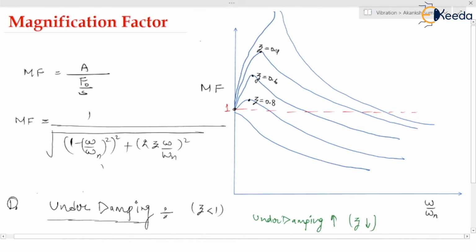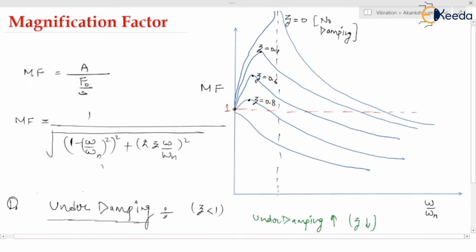Magnification factor value increases, and the zeta value becomes zero after some time, after a very small value. This is the value that we can get less than 1. So after a long time that will become 0, and when the zeta value becomes 0, it will be considered as no damping. Whenever you see no damping, that means the damping ratio becomes 0.